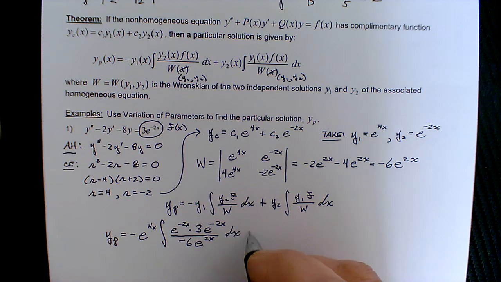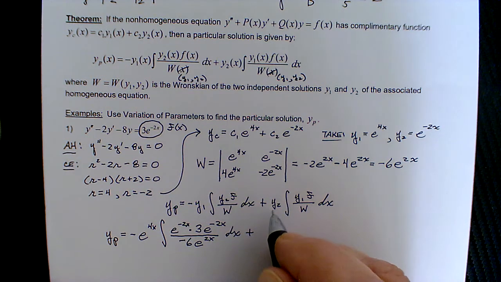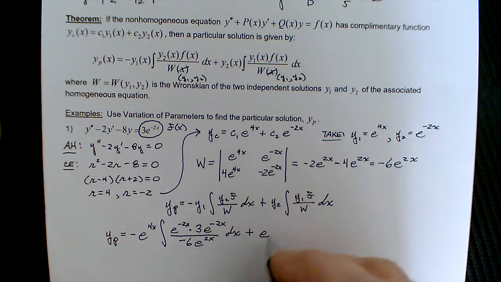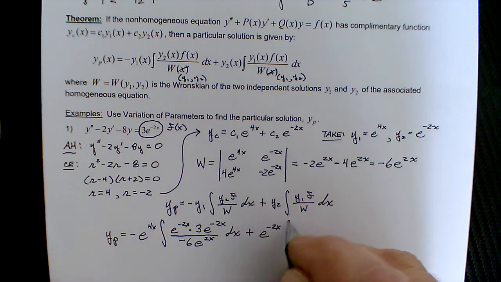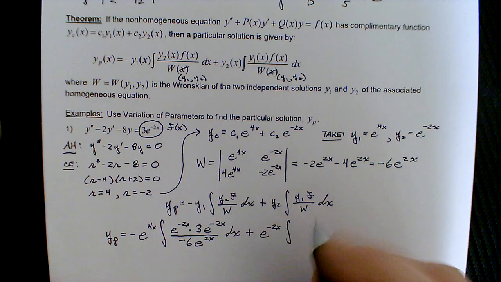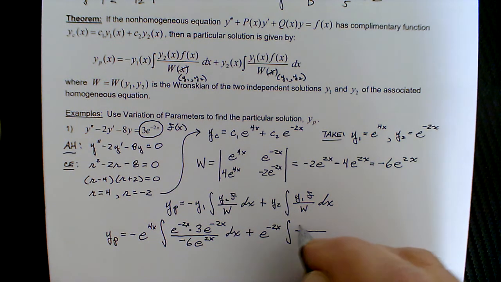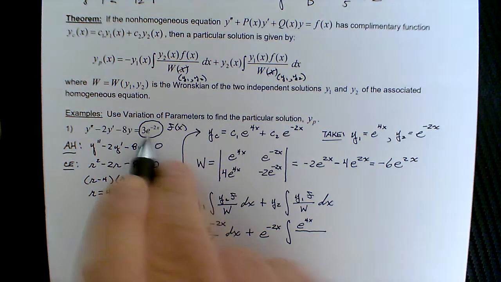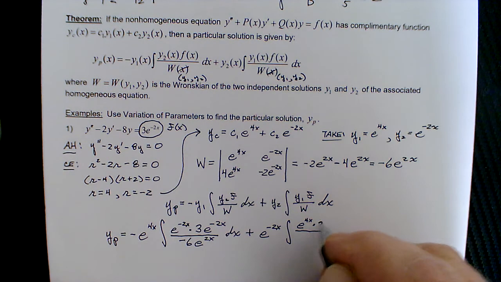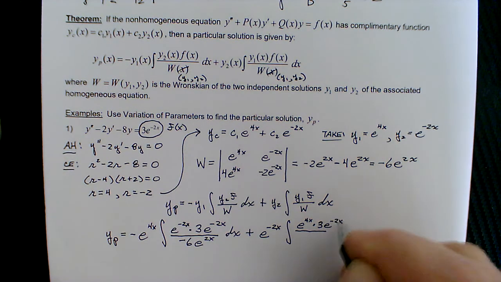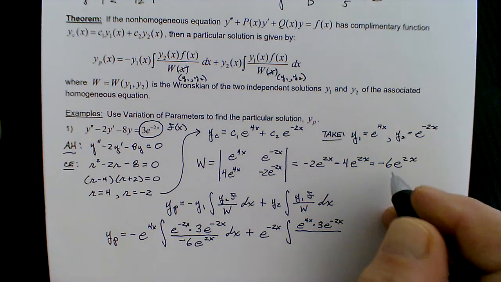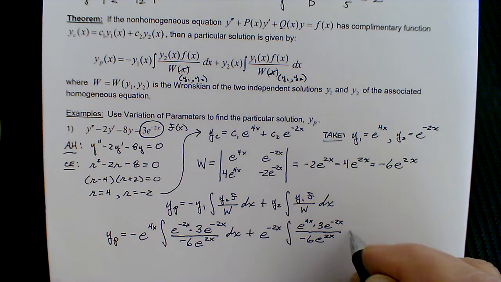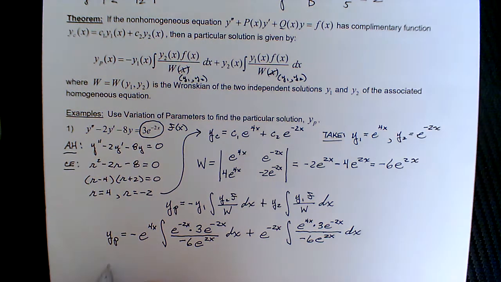And that's with respect to x, and then plus y2, e to the negative 2x, times the integral of y1, that's e to the 4x, right here, f of x again, the 3e to the negative 2x, all over the Wronskian, which was the negative 6e to the positive 2x with respect to x.